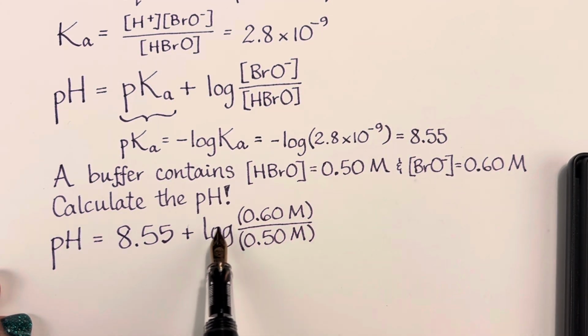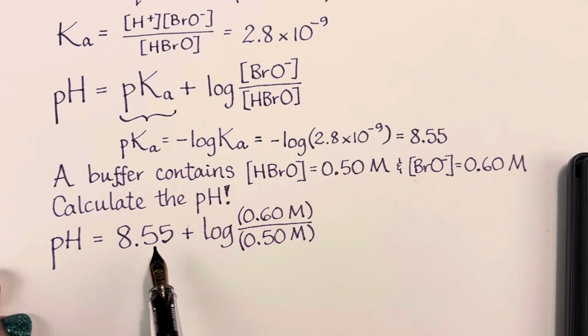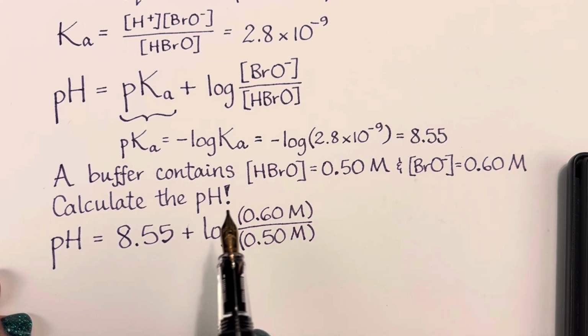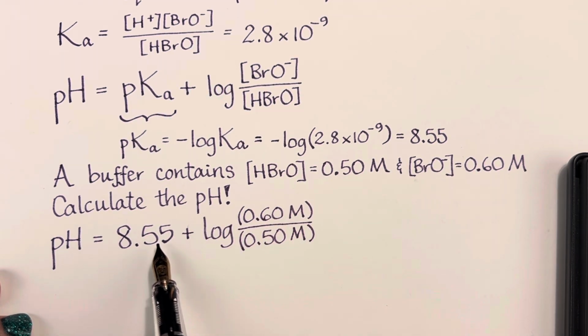By having a positive value here, we're going to be adding a number to this pH, and the pH will be larger, meaning more basic. So that should match. More base, higher pH, more basic.